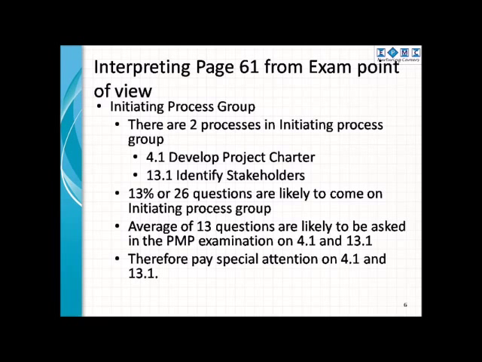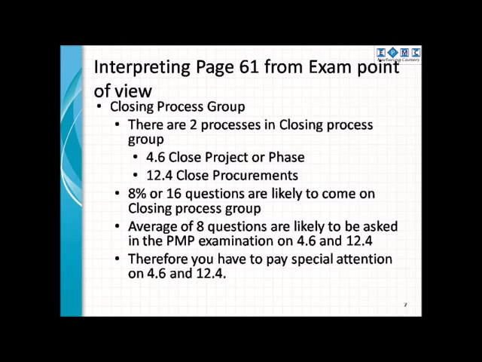That means an average of 13 questions are likely to be asked in the PMP examination on 4.1 develop project charter and 13.1 identify stakeholders. Therefore, my recommendation is that you pay special attention on 4.1 and 13.1.